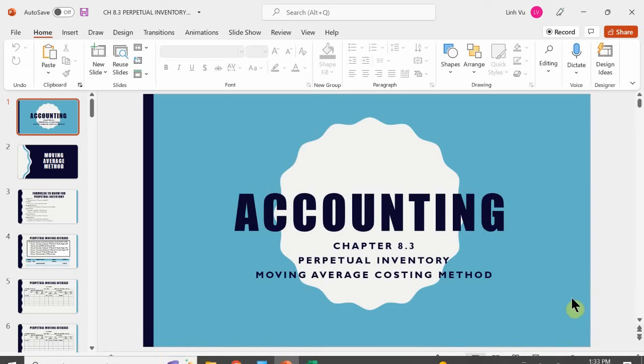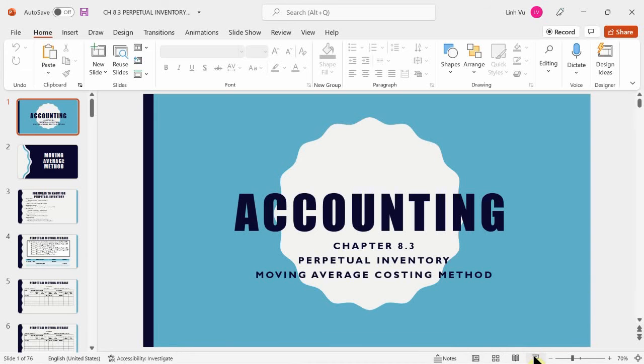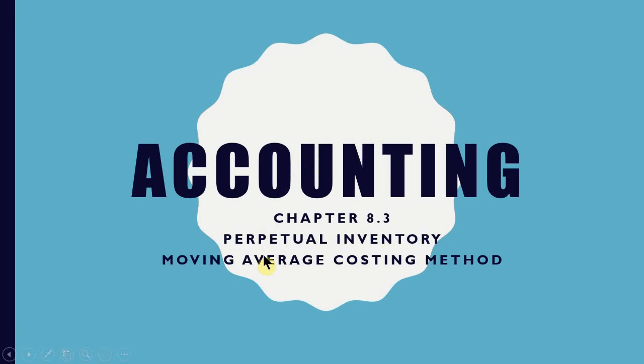Right, welcome back to the last section of Chapter 8 with Perpetual Inventory. This time we're going to be looking at the very last costing method that I'm teaching for this class, which is going to be moving average. The concept of average costing is the same as with periodic inventory.